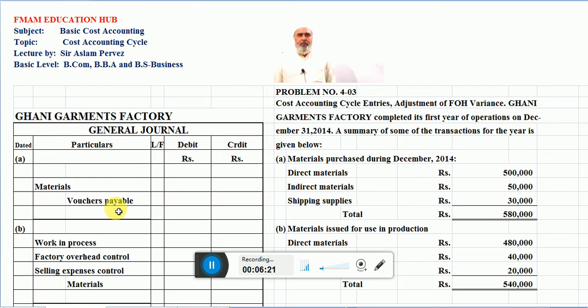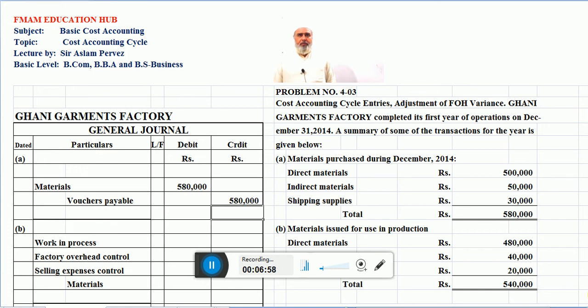For this purpose, we have to credit the voucher payable account here. The total amount of material is 5,80,000 rupees, and the voucher prepared against the payment is 5,80,000 rupees. Students, this is the first entry, at the time of purchasing of material from the supplier.